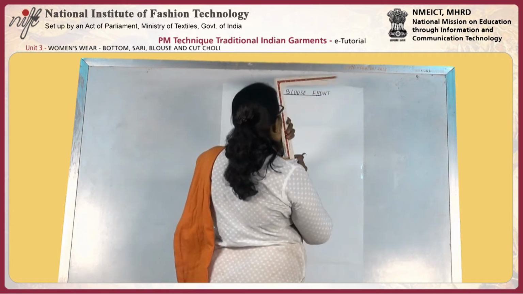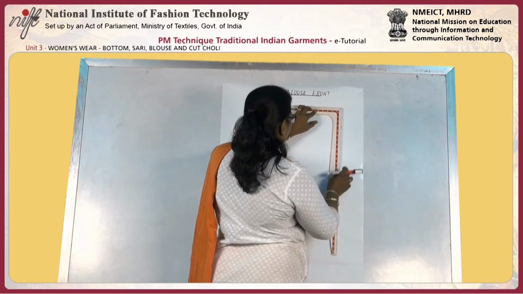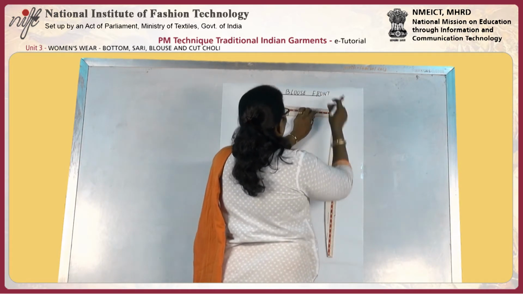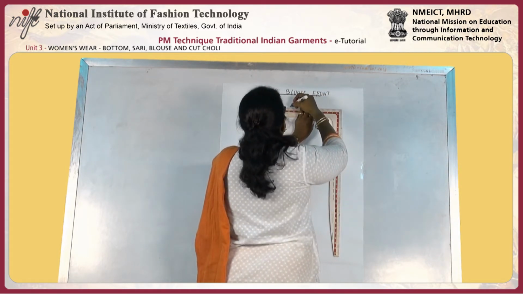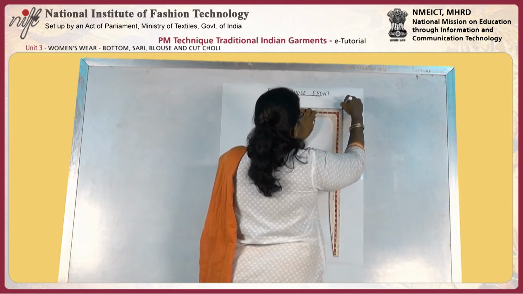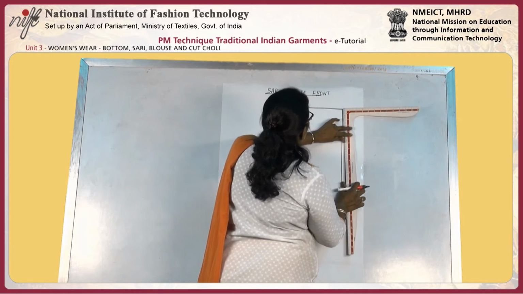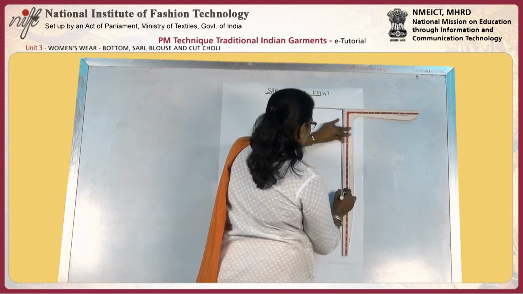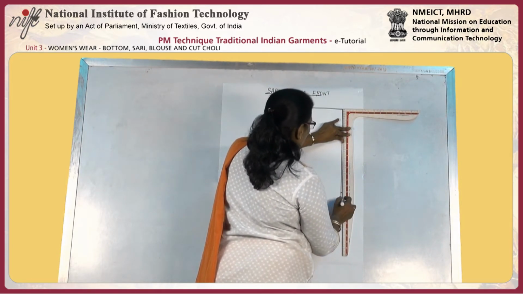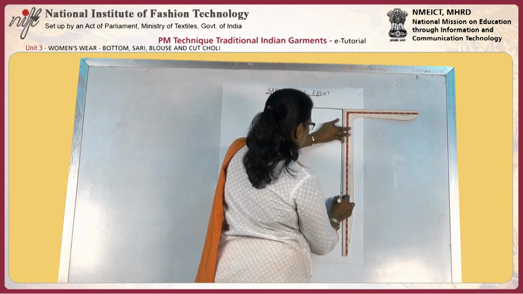So make the perpendicular line, the length should be 14 and add 3/4 of an inch.